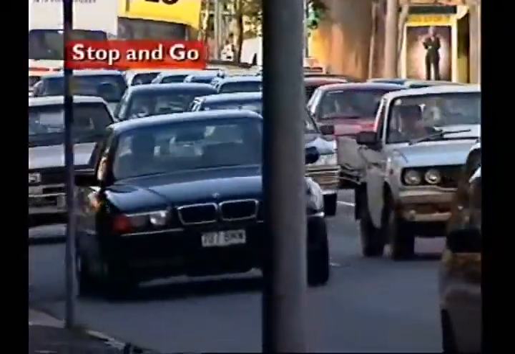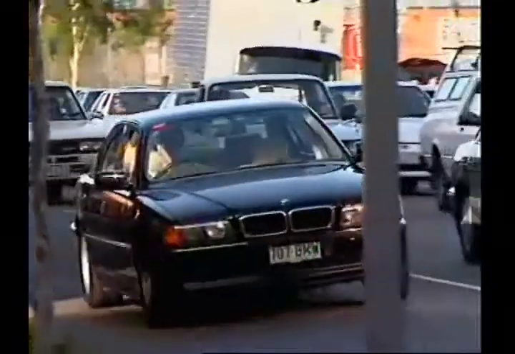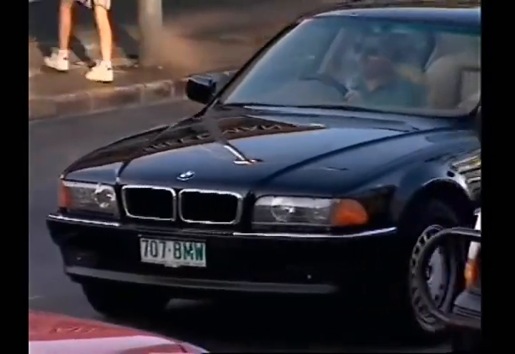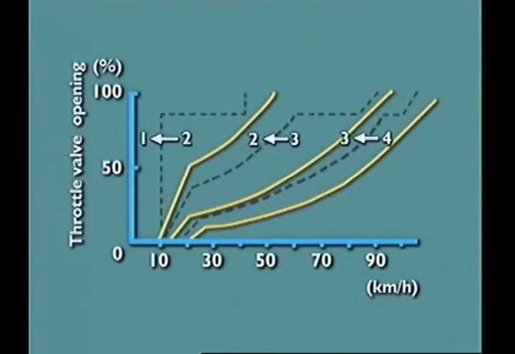In dense traffic, only a small proportion of the vehicle's performance is needed to keep it moving. For a powerful vehicle, second gear is adequate when accelerating from a standstill. A stop-and-go situation is identified if the throttle opening angle and the road speed remain below preset limits for a given period of time.